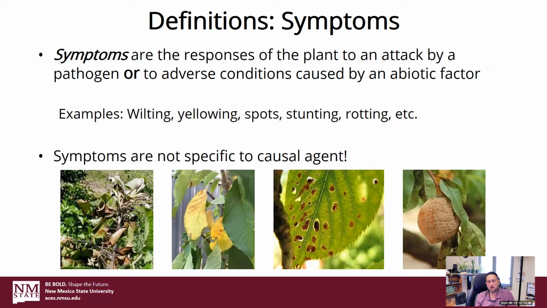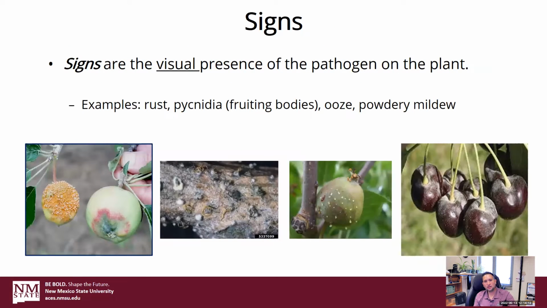However, those are not really specific to the causal agent. So the symptom of wilting can be due to maybe lack of water. It can be due to a pathogen. So just because we see a wilting plant, that doesn't really clue us in as to what exactly is the problem. Now, signs are the actual visual presence of the pathogen on the plant.